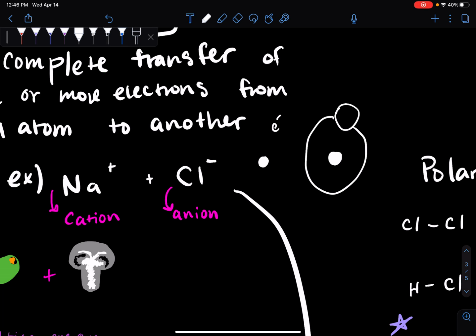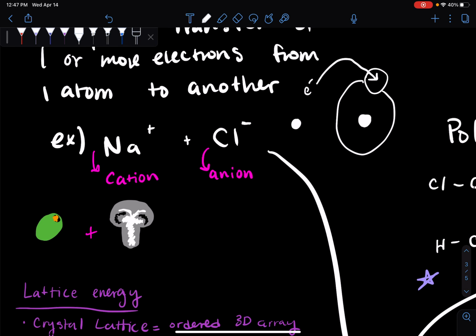So what's going to happen is the sodium atom is going to want to give this electron to the chlorine atom.